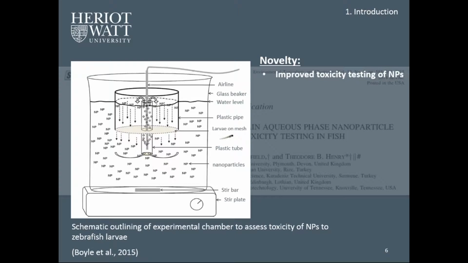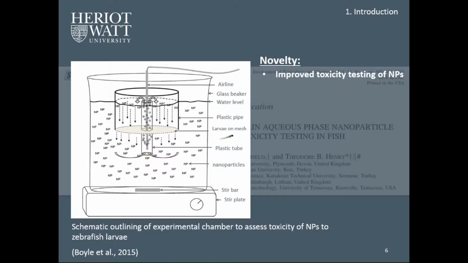There is a pump and an air tube, where air pumps and bubbles, and there is a magnetic stirrer, so the nanoparticles are held in suspension throughout the exposure period in a zebrafish toxicity test.